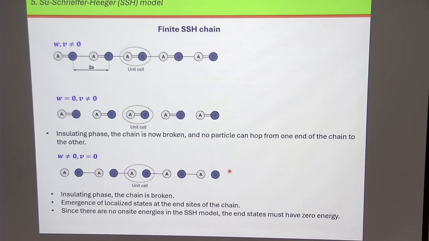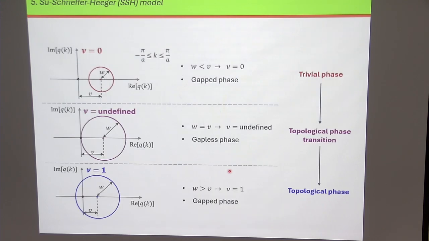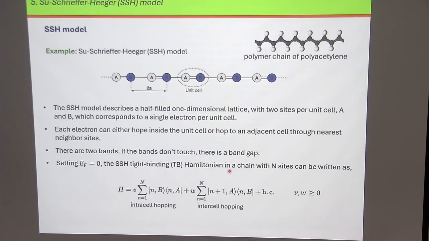So it means I will have this localized state at the end of the chain, and what is going to be the energy of this state? It has to be zero, because if you look at the Hamiltonian, there is no on-site energy in this Hamiltonian, okay? There is nothing with NA or NB.